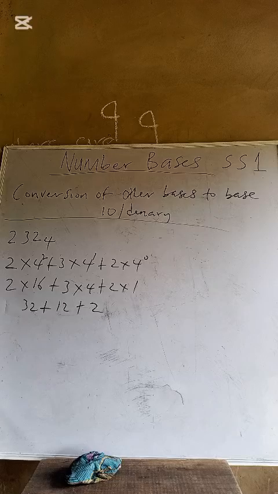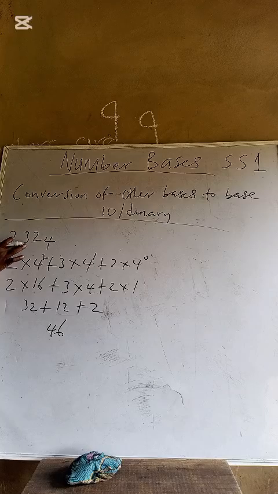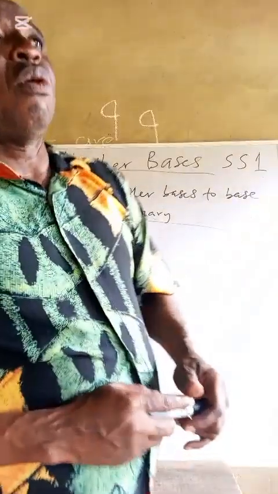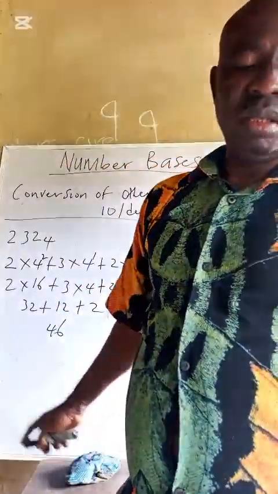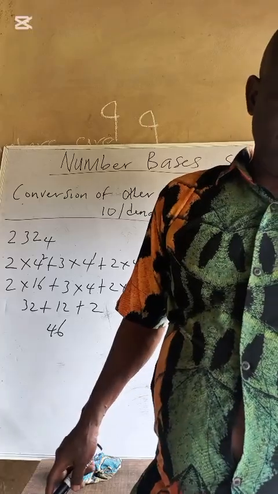When you write everything together, you can see that it was 46. So we have converted this to base 10 using expanded notation. All other bases can use this method to convert to base 10.